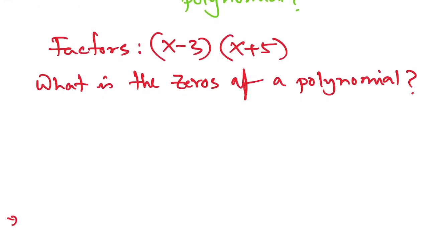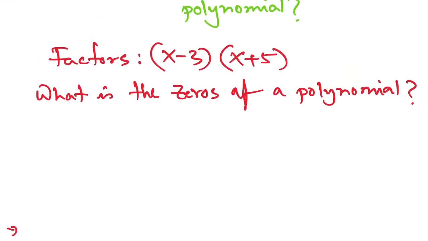All right, the idea is simple. If they give us factors like x minus 3 and x plus 5, can we find out the zeros of a polynomial? There are two ways you can find that out. One, you can just set each factor equal to 0 and solve for x: x minus 3 equal to 0, or x plus 5 equal to 0.